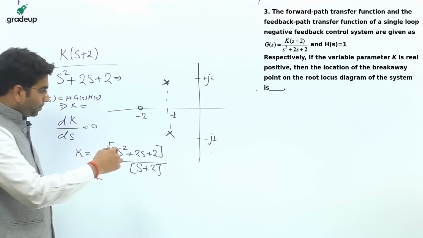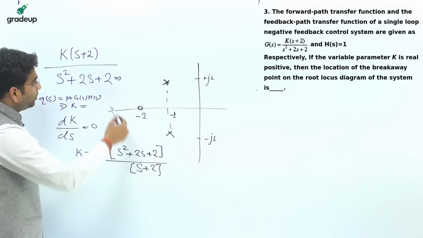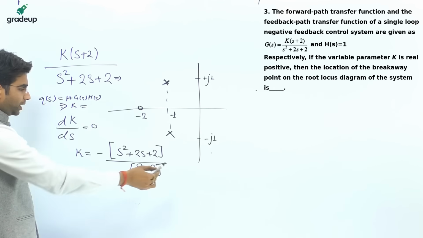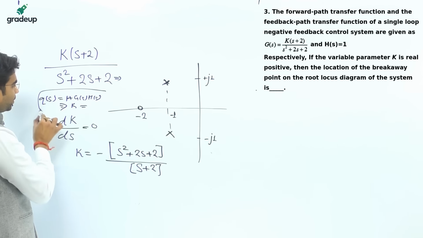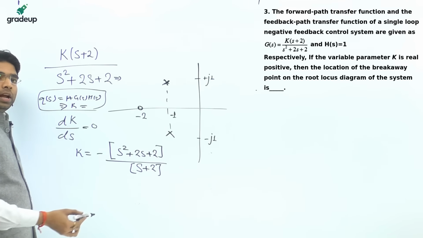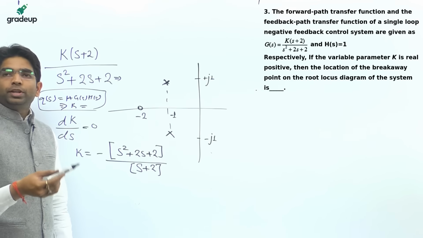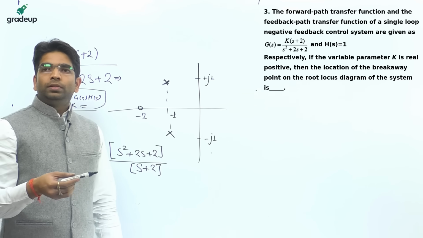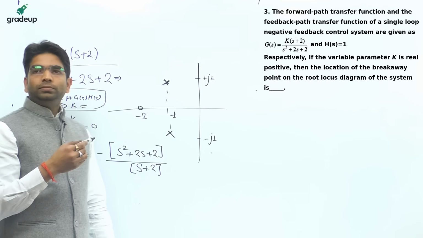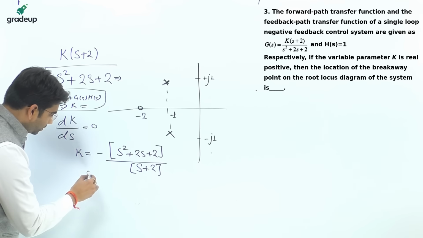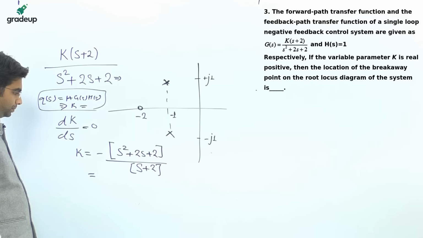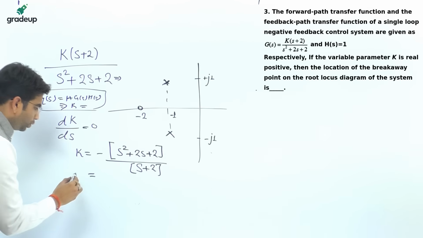Write K equals negative of denominator by numerator. The equation will be the same as from the characteristic equation, but it is a shortcut and you have to manage tricks because in GATE you have to be very quick and very responsive. So what is the value of K? The value of K is known to you.